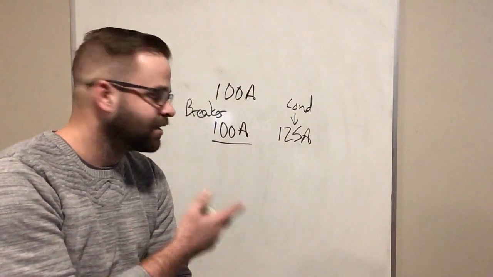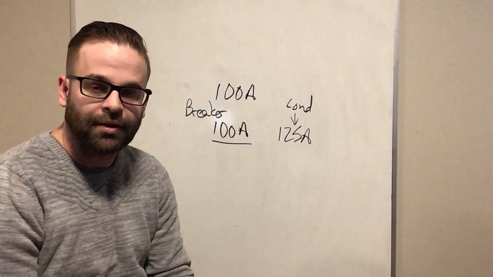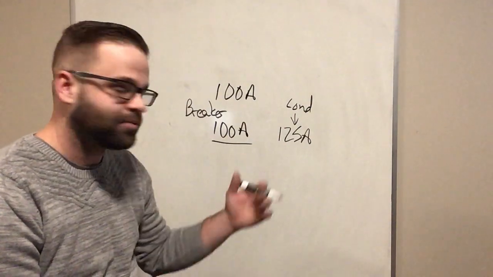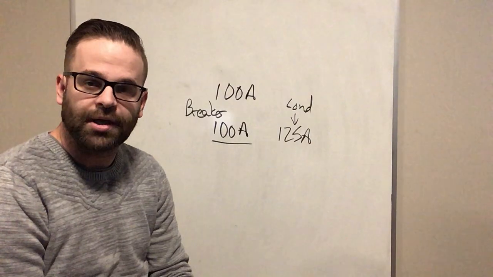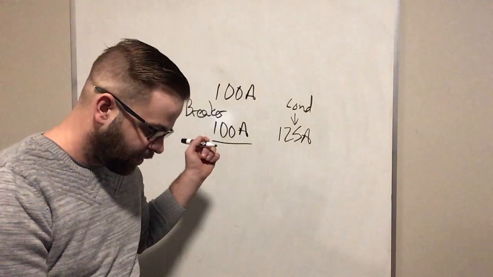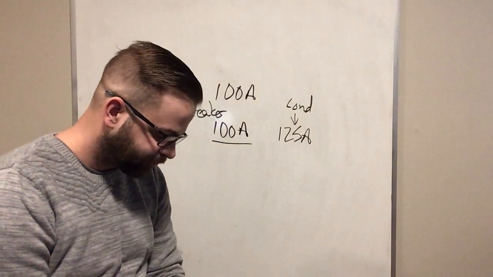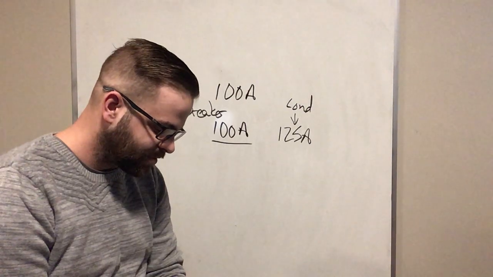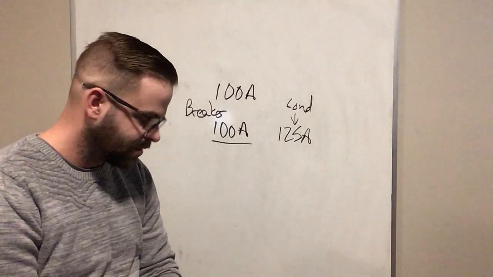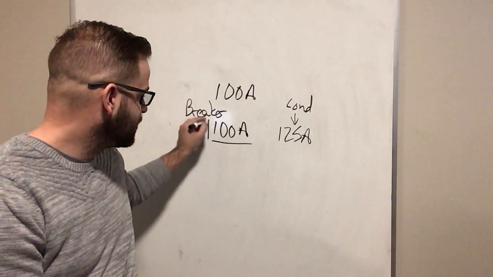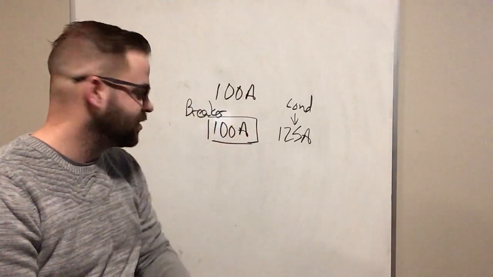Just because the conductors are rated for that amount doesn't mean the whole circuit is rated for that amount. So I'm limited by the breaker size, the overcurrent device. My consumer service, feeder or branch circuit is determined by the smaller of the two.